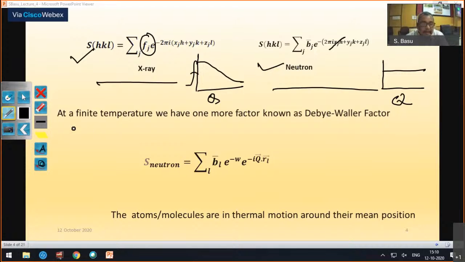At finite temperature, we have one more factor, which is known as the Debye-Waller factor. This is because the atoms and molecules are in thermal motion around their positions, and this thermal motion affects the intensity of the Bragg peak, and how it affects that I will come to shortly.